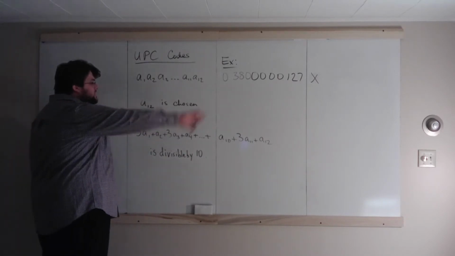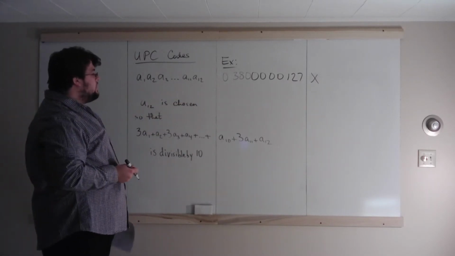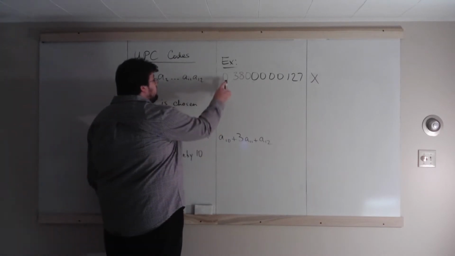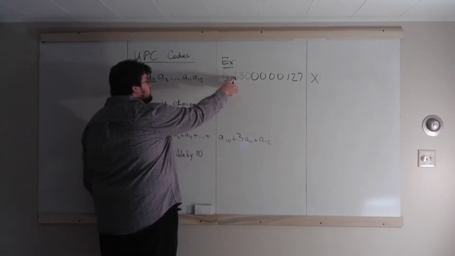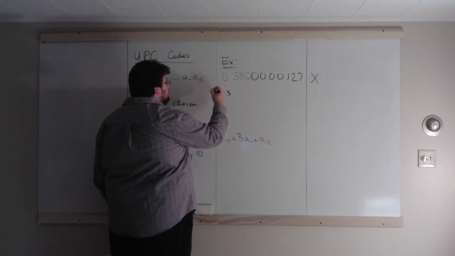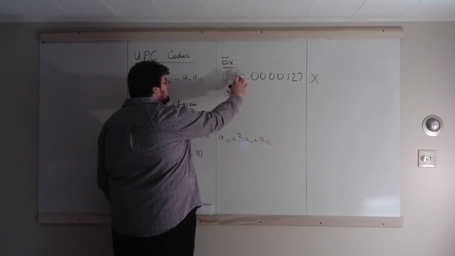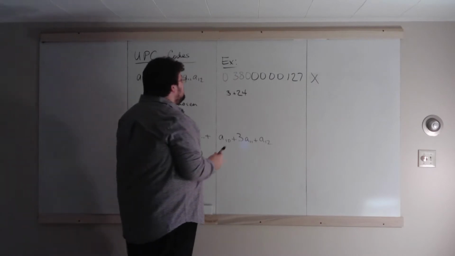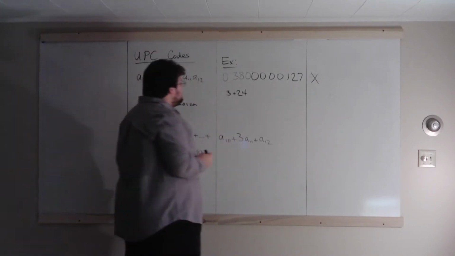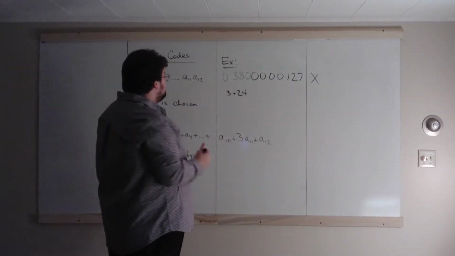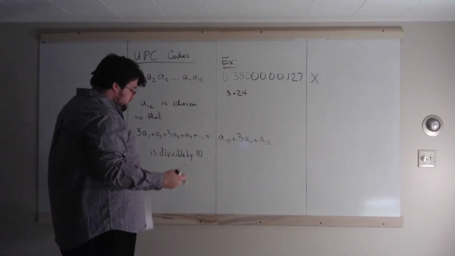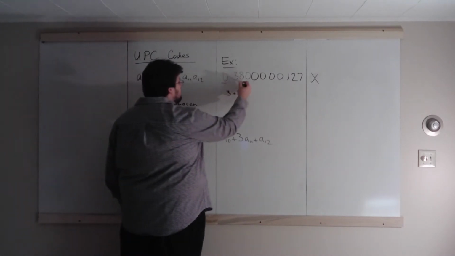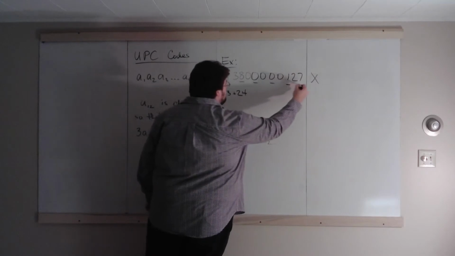Well, we need this entire sum to be divisible by 10, so let's write that entire sum. 3 of these, that's 0. Plus 1 of those, 3. Plus 3 of those, 3 times 8 is 24. With it written out like this, I'm going to make my life a little easier by underlining the ones that get a coefficient of 3.